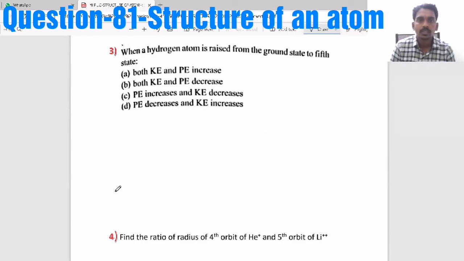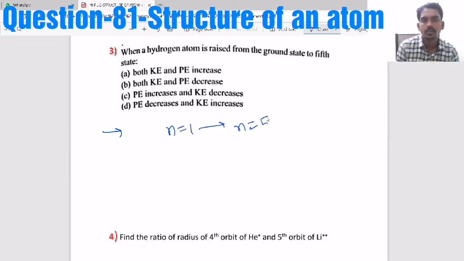Next, when a hydrogen atom is raised from the ground state to fifth state. See, ground state means n equal to 1. It is raised to n equal to 5. Now, the kinetic energy is 1 by n square. As n value increases, kinetic energy decreases.